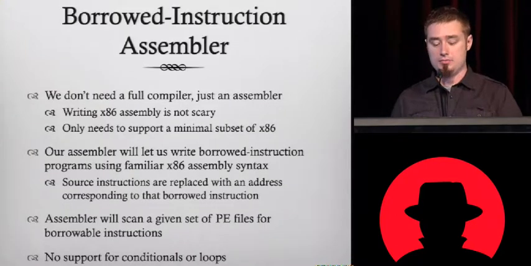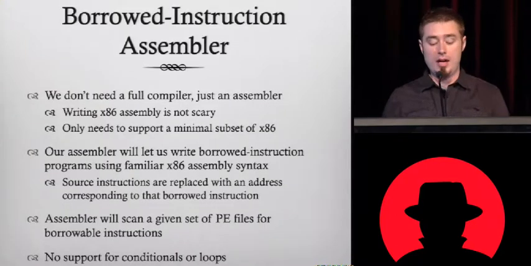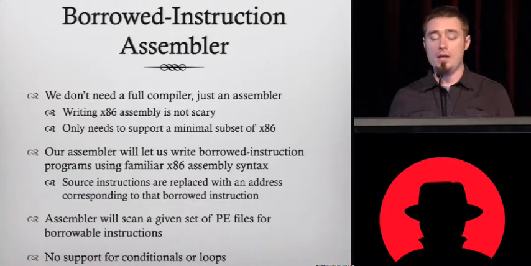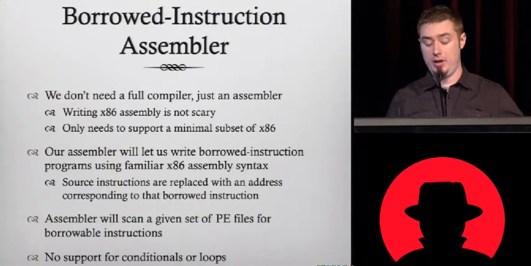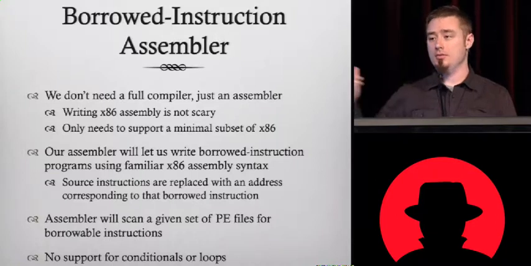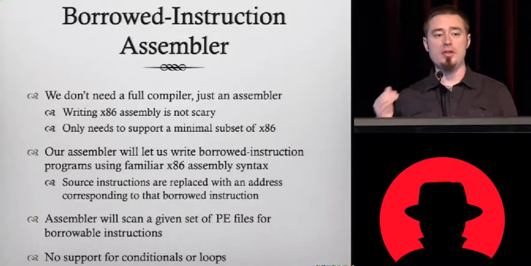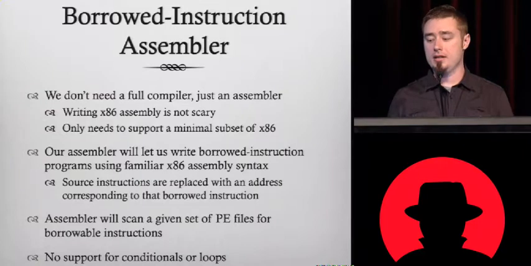Again, this is just an assembler, and what it lets me do is write a borrowed instruction program with just assembly mnemonics that are found in the existing program. How it works is first I run a scanner on a variety of code modules. These will be like the DLLs that I know are loaded at a certain place, or DLLs that are just available.